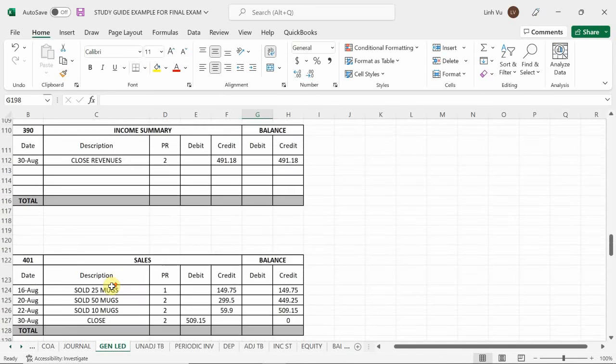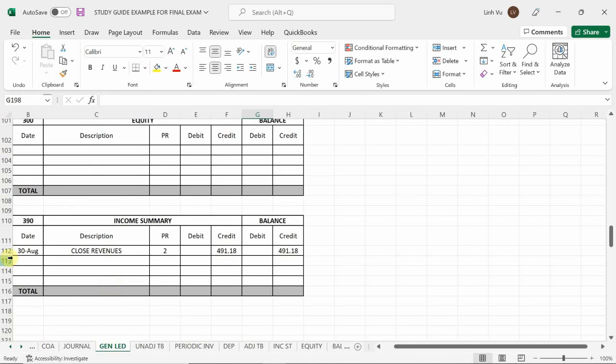Today is the 30th. Close out expenses. Okay, page 3 for $1,625.43.